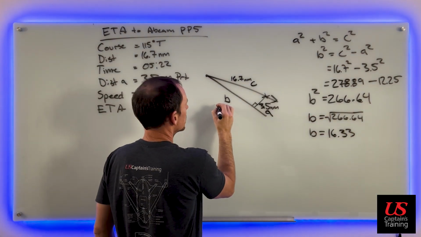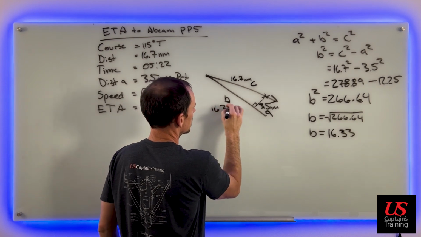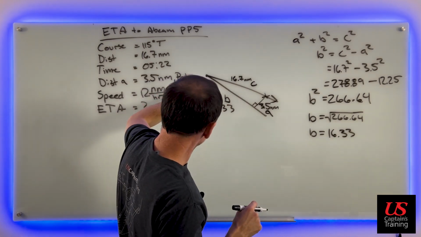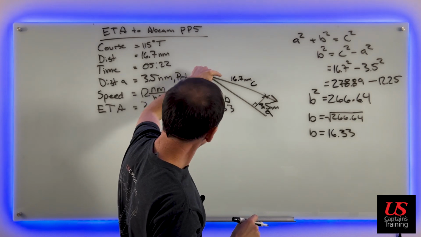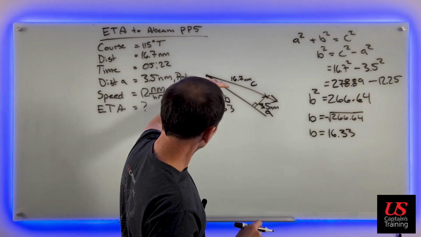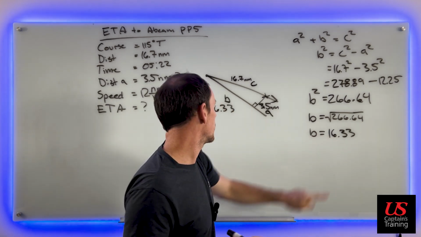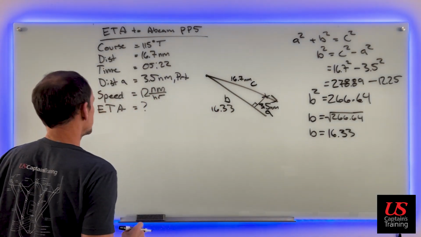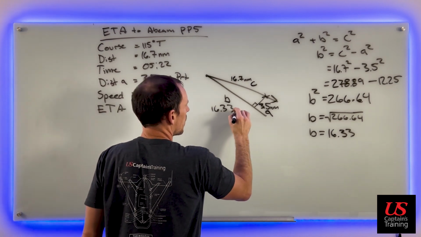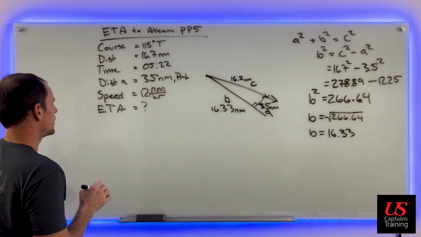Yeah, it does. See how it's just a little bit shorter than C? Your B is always going to be a little bit shorter than C, so at a glance, that makes sense. So now that we have this distance, it's nautical miles. We love our units.